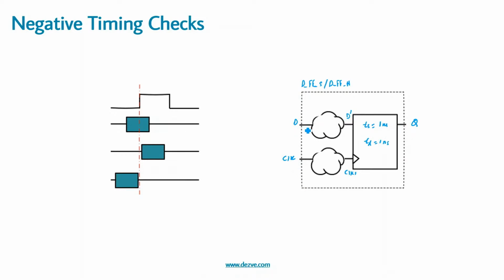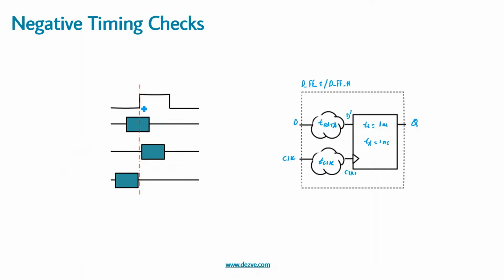And then we are trying to see whether we have a setup time of 0 or negative and hold time of 0 or negative, correct? So let us name this cloud delay T data and this T clock.